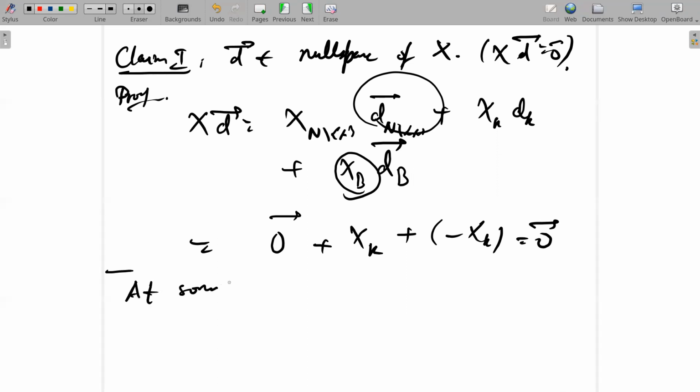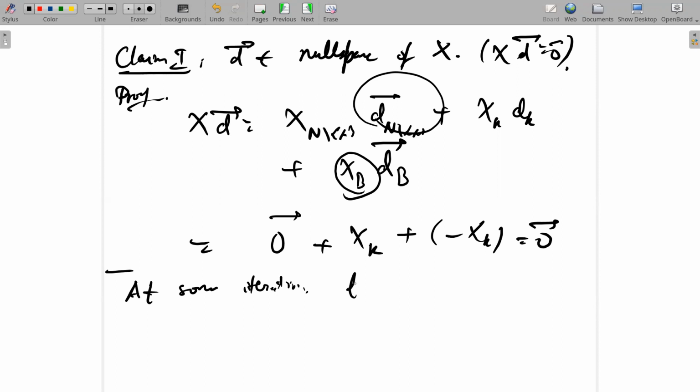Now at some iteration, L will re-enter the basis. This is a cycle, remember. We had split J into 3 parts: J plus, J minus, J naught. One we said never enters or exits. But if something is in J naught, it must both enter and exit in a cycle.